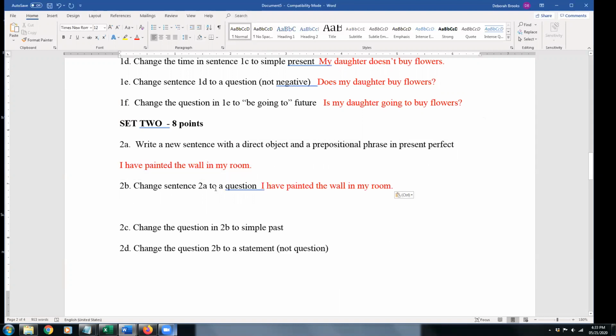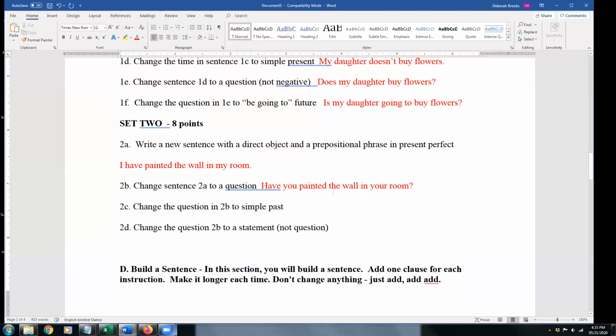And then we're changing that to a question. If you change that to a question, you want to switch that word order. Have you painted the wall in your room? Now, have I doesn't make a lot of sense because I would know the answer to that, but I don't care. It's okay. And then change that to simple past. So we're going from this one to simple past.